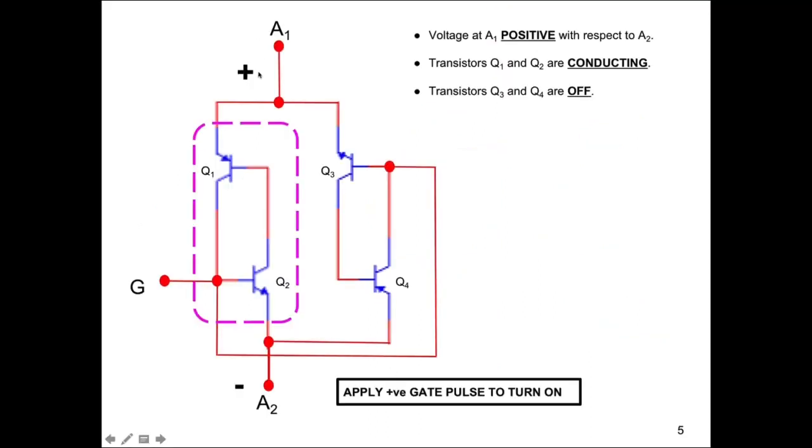Okay, so if we apply a gate pulse like that, anode A1 positive with respect to anode A2, then that means current can flow this way down through Q1 and Q2, and these two transistors Q3 and Q4 are off because that's the emitter diode, so positive to negative.